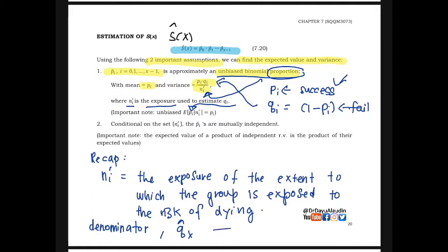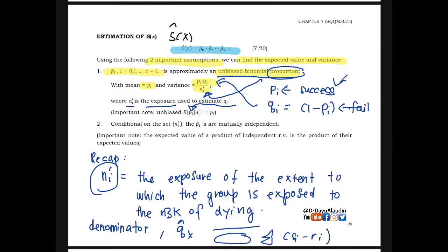Denominator for Qx is the exposure, so the summation of the Si minus Ri. So we have exact and scheduled exposure. So that one is the Ni. Okay, that's just the recap.